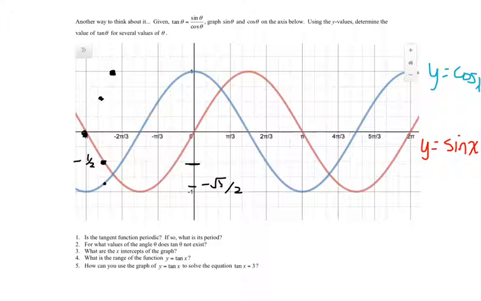Okay, so as I continue along, now I see that my red value is more negative than the blue value. So when blue is 1/2, that's going to be over here. Now when blue is 1/2, that means that red is negative root 3 over 2.